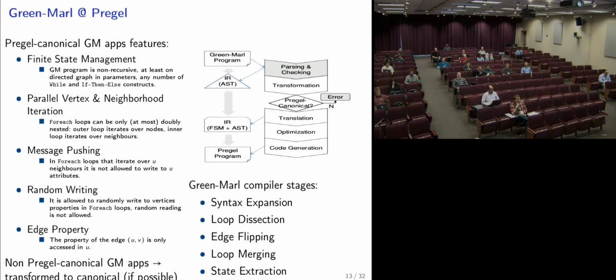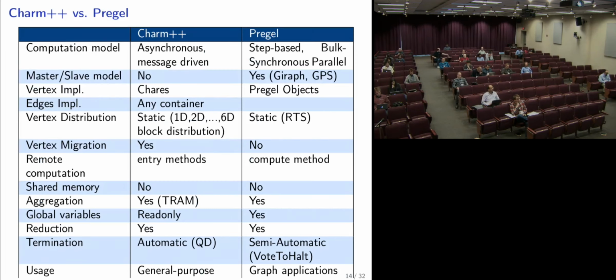Okay, so I will move further. As I said, Charm++ and Fraggle have much in common, but they also have principal differences. As I said, it is an asynchronous message-driven computation model in Charm++ and step-based bulk synchronous parallel in Fraggle.